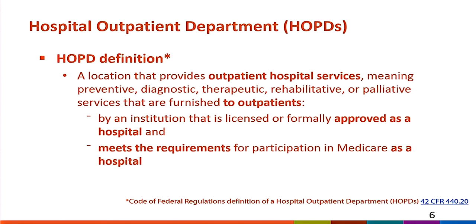In contrast to ASCs, HOPDs, also known as hospital outpatient departments, are defined by the Code of Federal Regulations as a location that provides outpatient hospital services, such as diagnostic or preventative services, to outpatients, and is licensed or approved as a hospital and meets the requirements for participation in Medicare as a hospital.